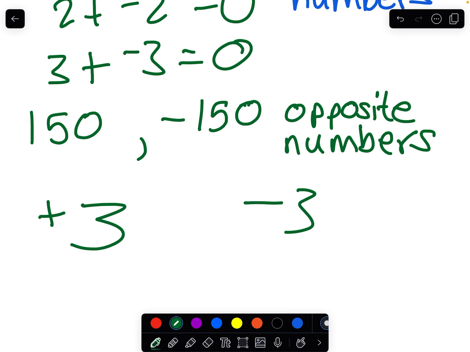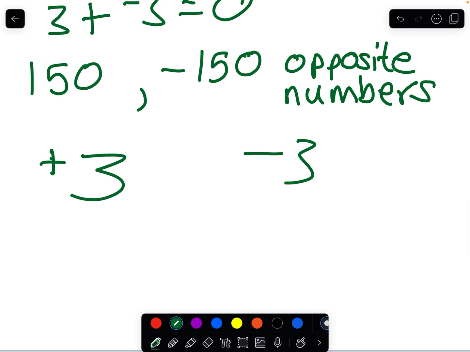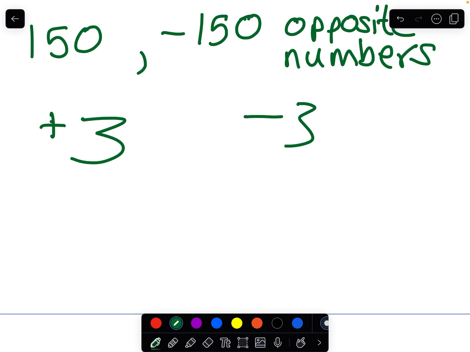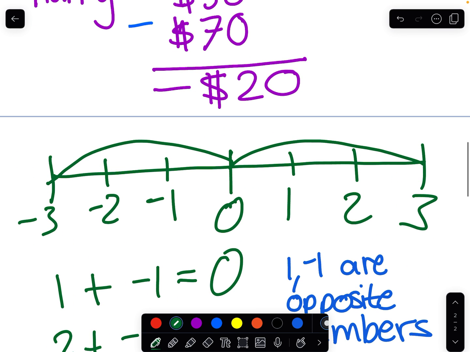Sometimes we do that to make it easier or more helpful. A lot of times we don't keep this, it's just assumed that the number is positive. But if it's helpful, for sure, add that positive sign. So for instance, going back to our number line, this number 2 can also be a plus 2.